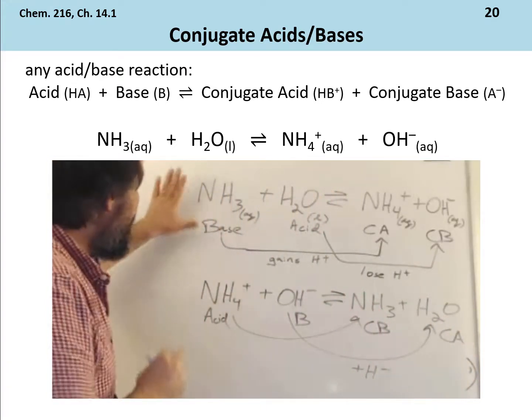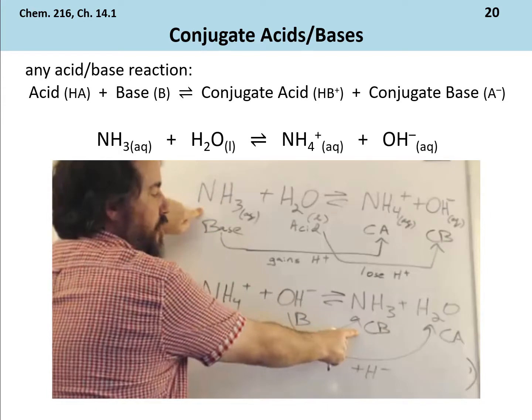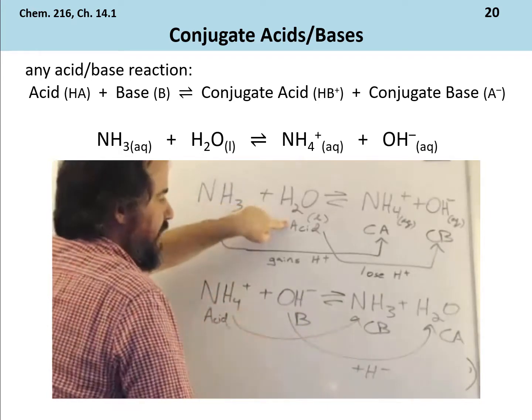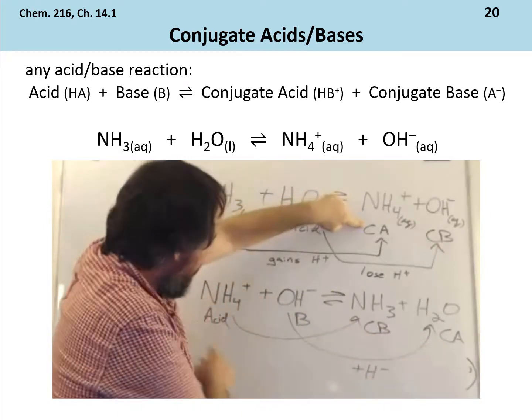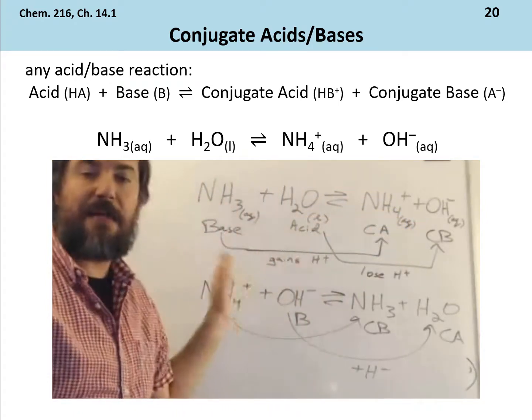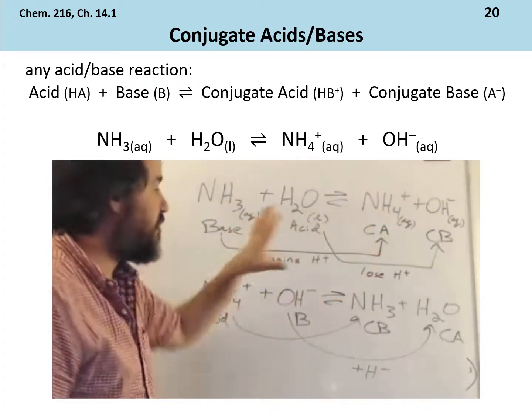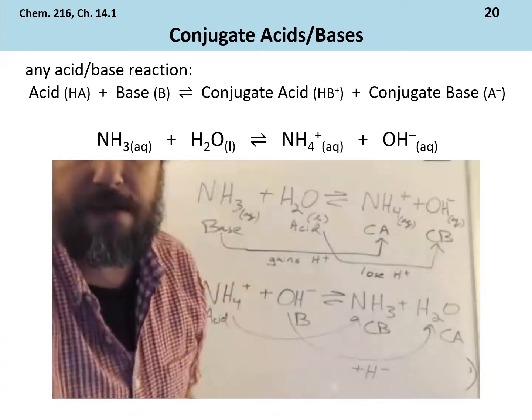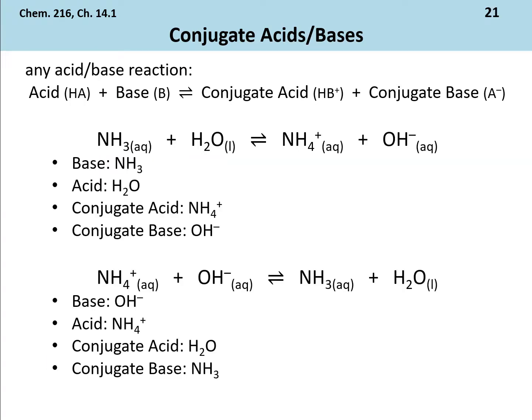Notice my NH3 is a base here, a conjugate base here. It's an acid here, a conjugate acid. Conjugate acid, acid, conjugate base, base. The same thing's happening, just the direction. And so conjugates are always on the product side. There they are on the screen. We always make sure to know what's happening, and there are always acids and bases connected.